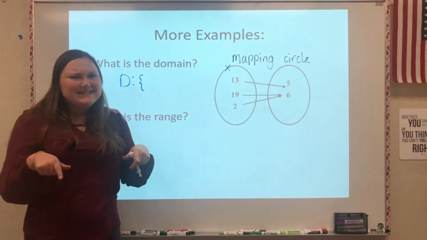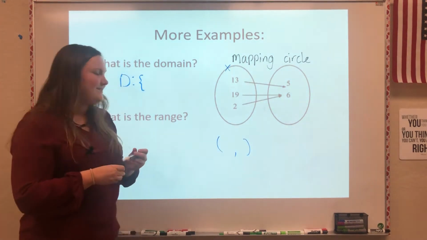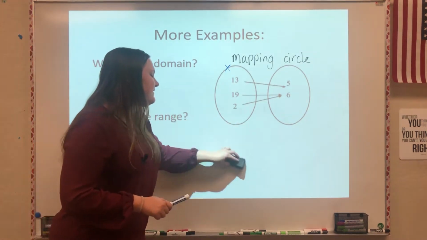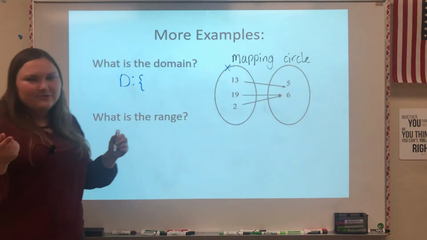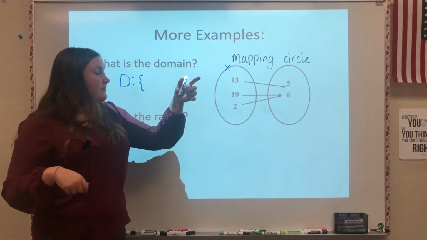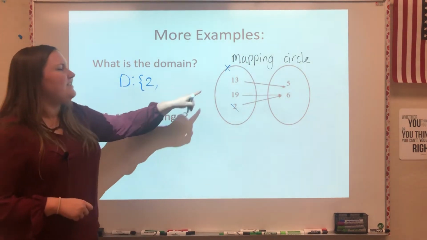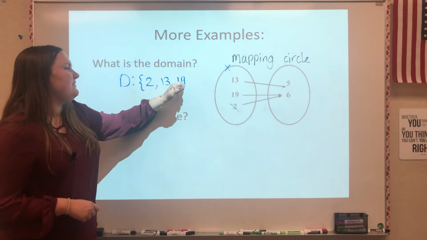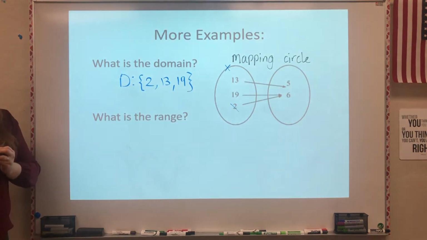Not parentheses. We use parentheses if you're writing a single point or a coordinate. You use brackets when you're talking about sets of numbers. So I've got a bracket there. And then I'm going to write all my x coordinates in ascending order. So start small, that's my 2, and then go up. So 13, then 19, and close the bracket. So that would be our domain.